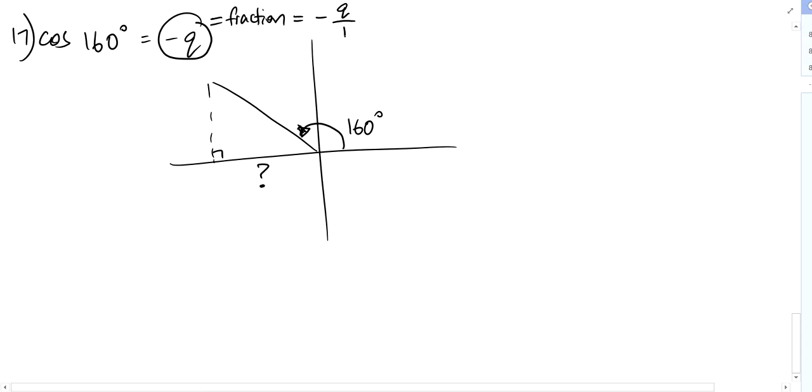Compare this with our trigo ratio on the board. X over r, cosine. So what is the unknown over here? Negative q. What is the radius? 1. What is this side? Square root 1 minus q squared.